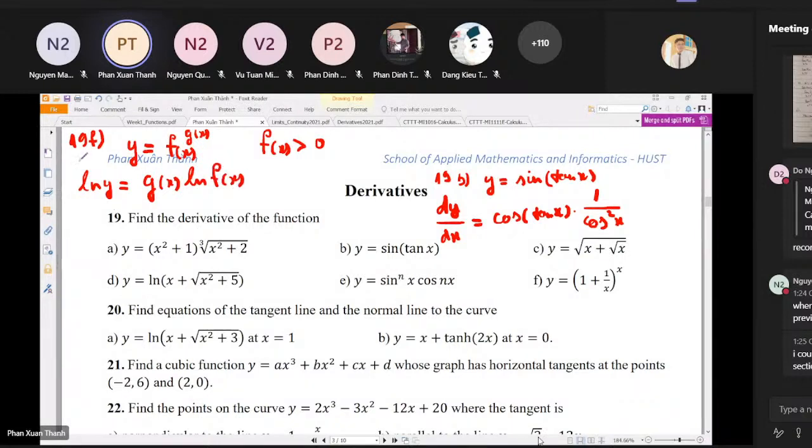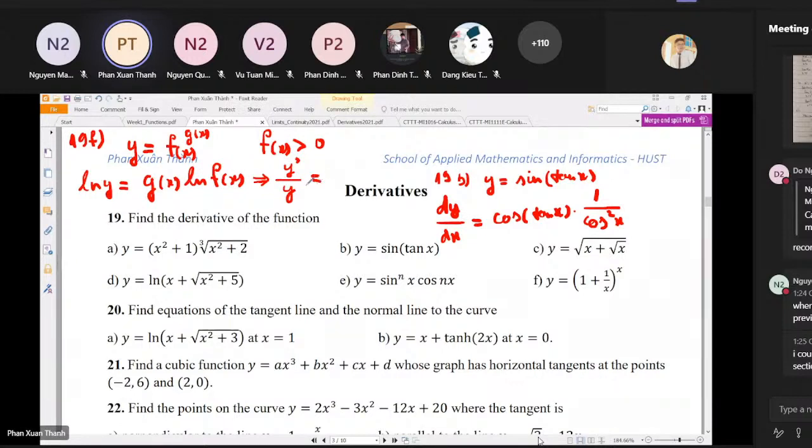Now we can differentiate both sides of the last equation. When we differentiate the logarithm of y, considering y as a function of x, we get 1 over y multiplied by the derivative y prime.